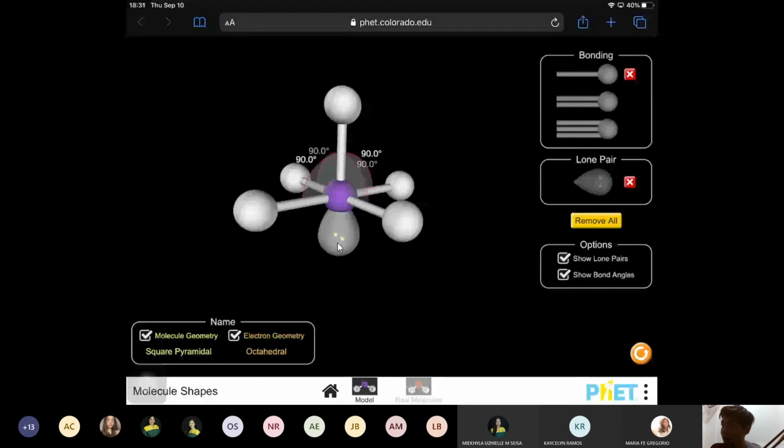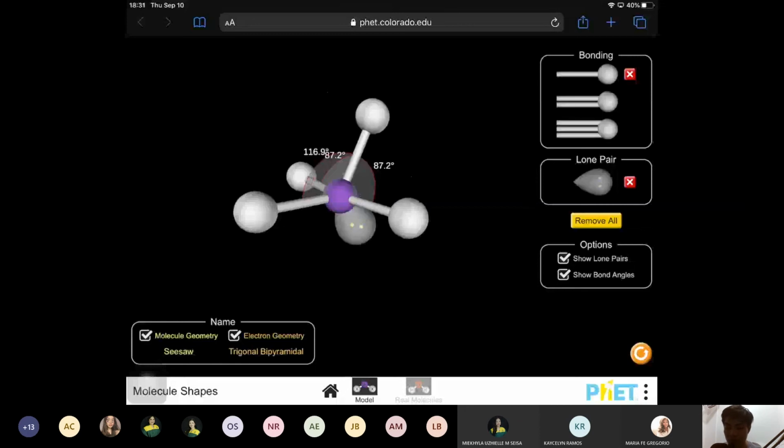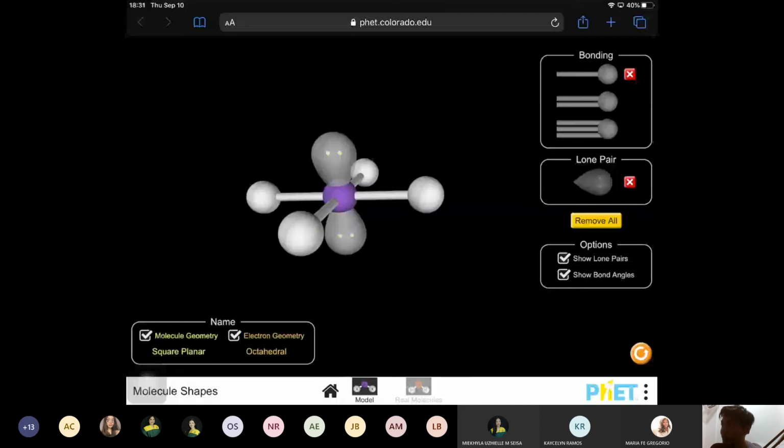AX5E. Ito yung A. Palitan ko isa ng lone pair uli. Ano yung magiging shape niya? Magiging drone na siya. So, ano yung code ko dito? AX4E2. Ano shape niyan? Square planar. Palitan ko pa yung isang lone pair.